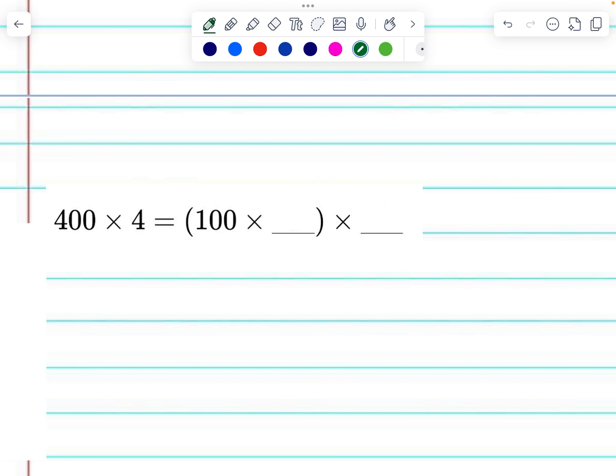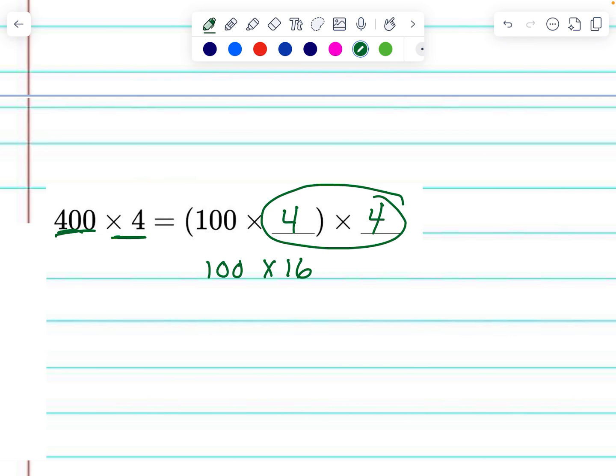Now, let's switch it up a little bit, but it's not going to change anything. The 400 is in the front, so that's 100 times 4 times 4. Combine these two. That's 16. 100 times 16 is 1,600.